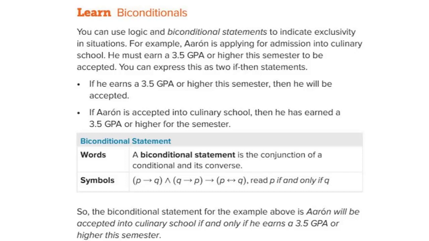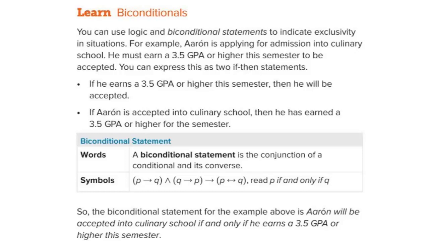So I can take that idea right there, and I can write a conditional statement, an if-then, and the converse. So the original if-then would look something like this. If he earns a 3.5 GPA or higher, then he will be accepted into his culinary program.